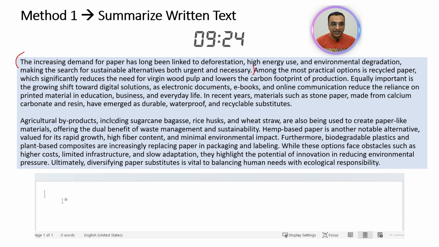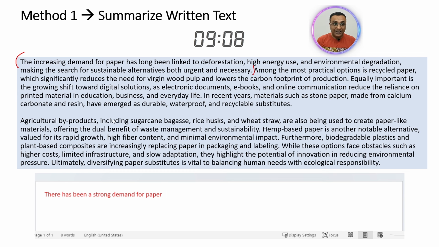The increasing demand for paper has long been linked to deforestation. Let me write it this way: There, T-H-E-R-E, there has been a strong demand for paper.